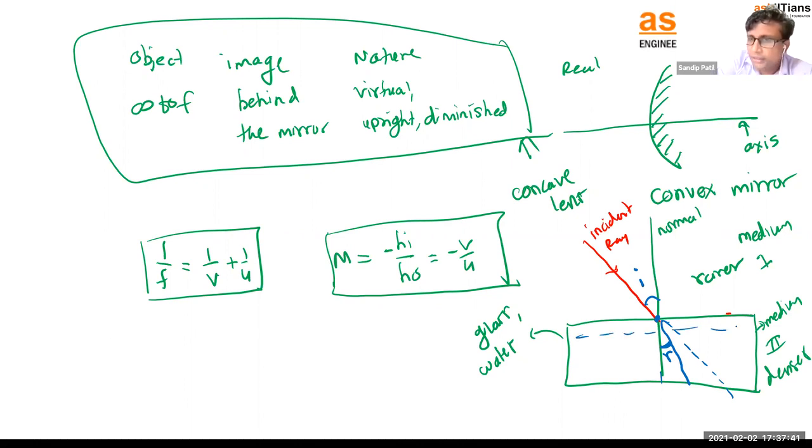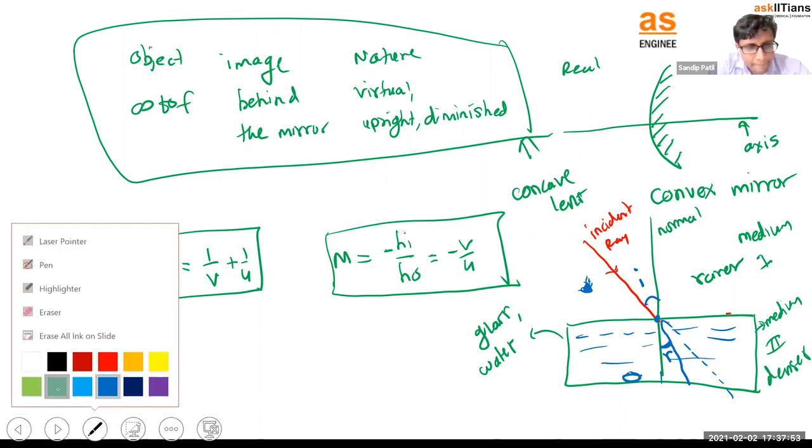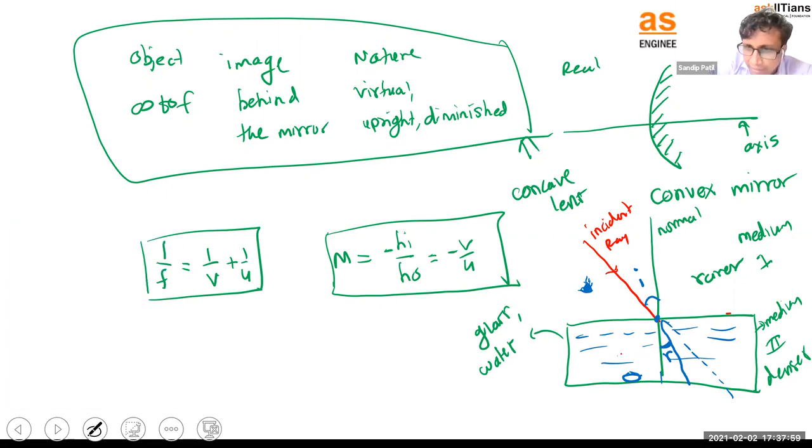Consider this is the water tank, the coin is here. But if you watch from the top of the water like this, you will feel that the coin is not here. You'll find it somewhere closer, right?